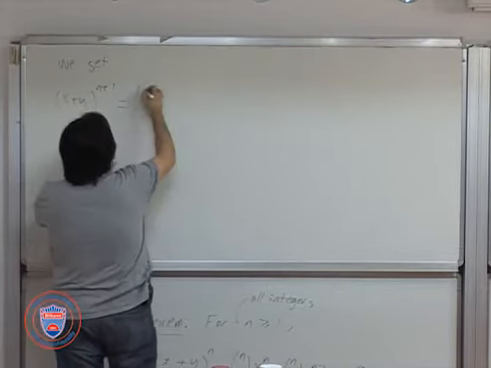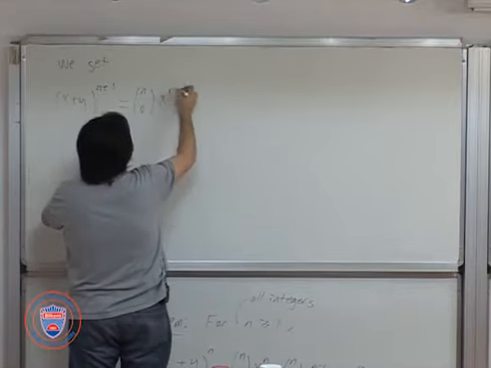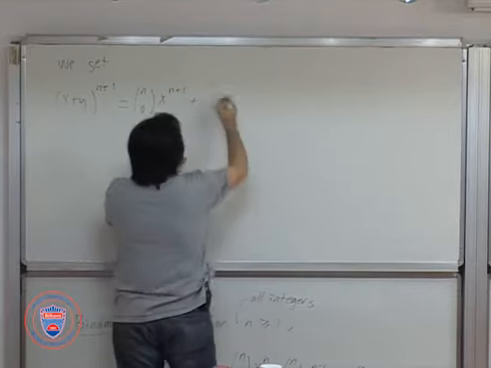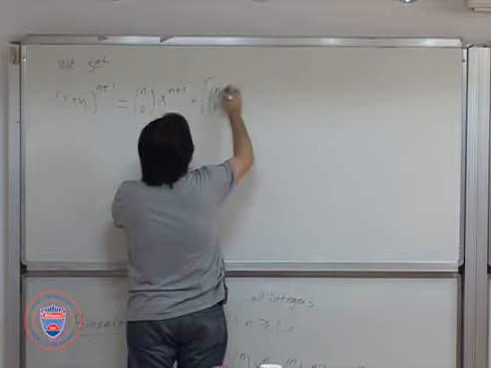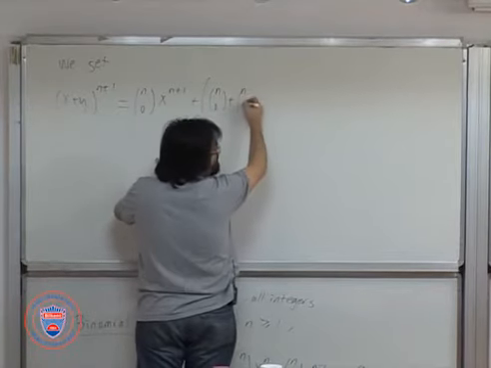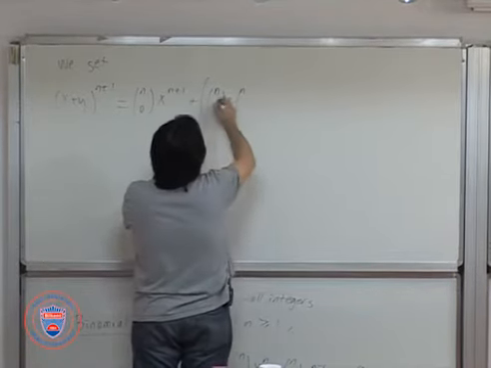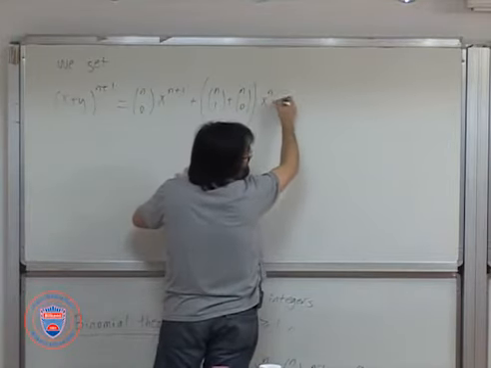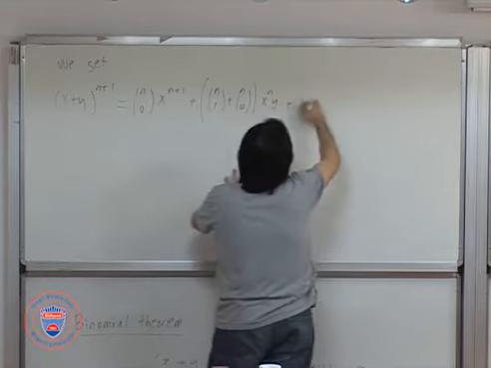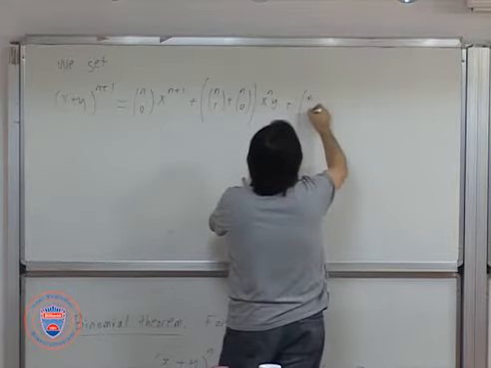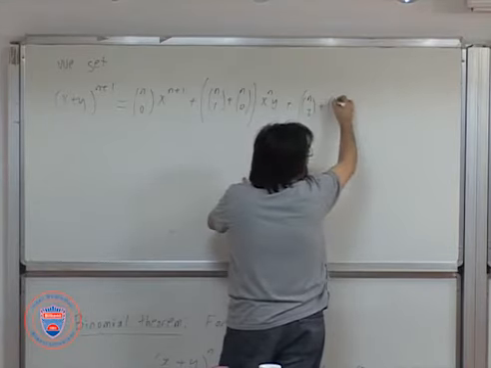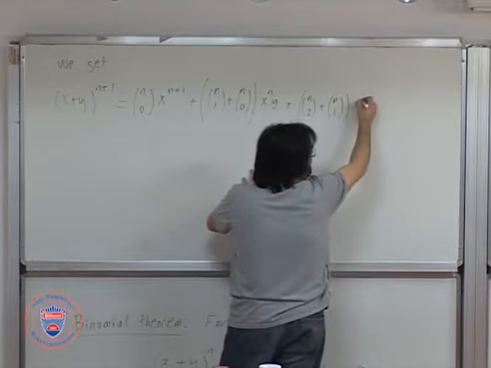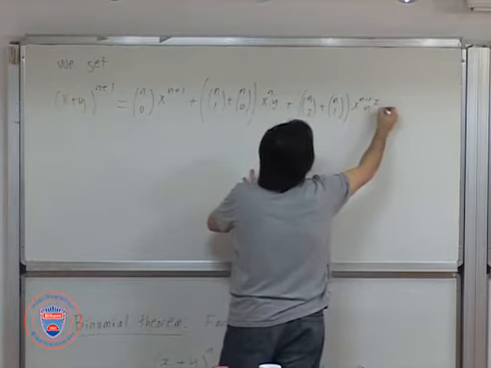N choose 0, x to the n plus 1. And here, n choose 0 plus n choose 1 plus n choose 0, x to the n, y, n choose 2 plus n choose 1, x to the n minus 1, y squared.